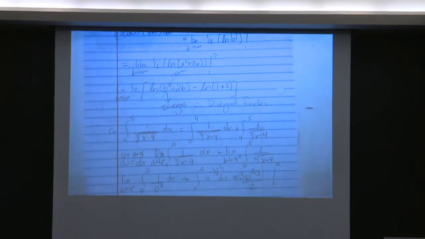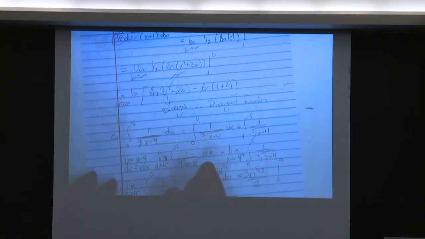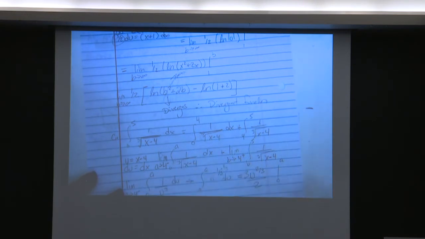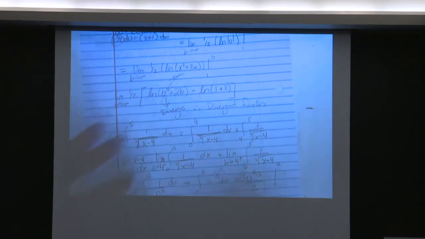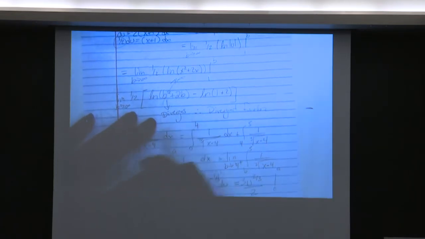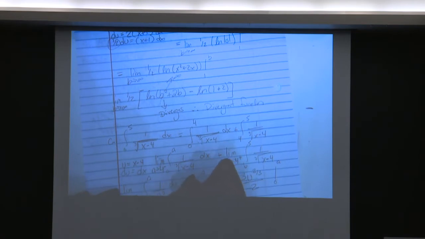0 goes to A. As A approaches 4 from the left, that gives me 3 times u to the 2/3 over 2. Oh no, I have to plug back in for my u: x minus 4 to the 2/3.